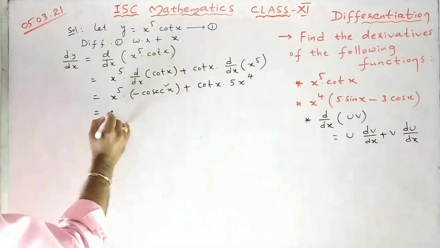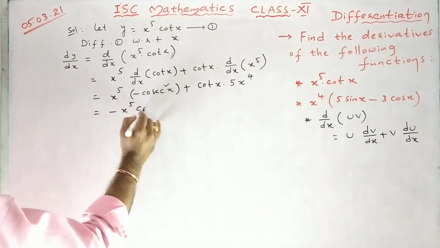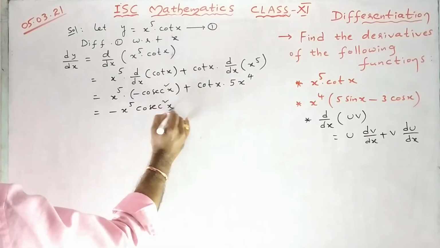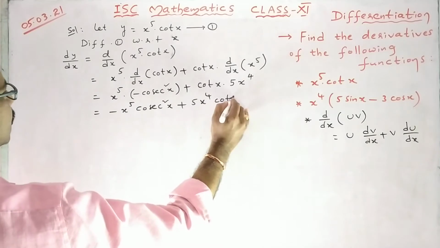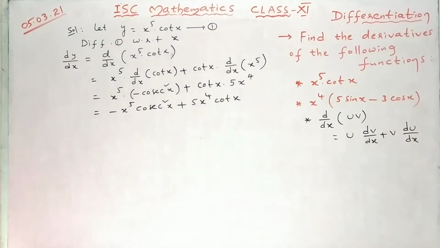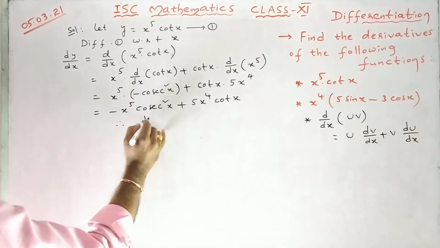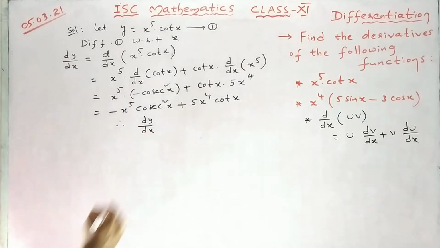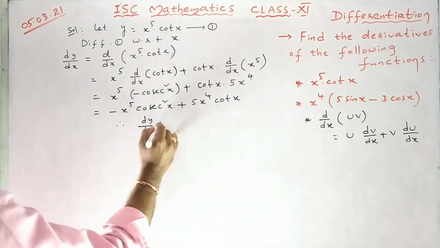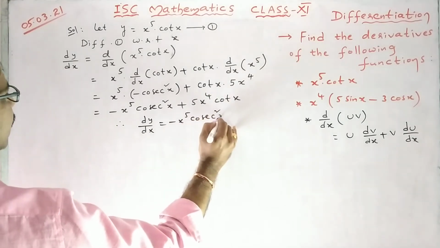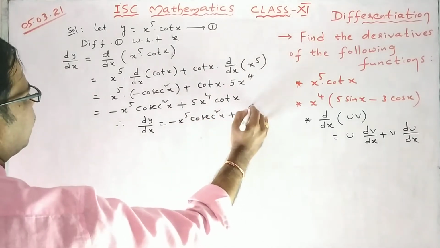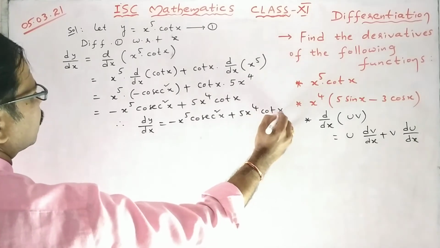So this will be minus x to the power 5 cosec square x plus 5x to the power 4 cot x. That's all, final answer. Therefore, dy by dx equal to minus x to the power 5 cosec square x plus 5x to the power 4 cot x.